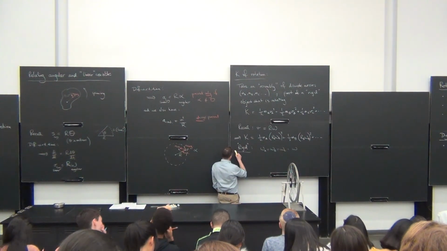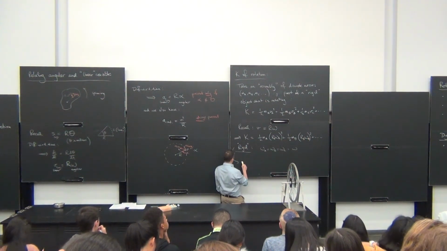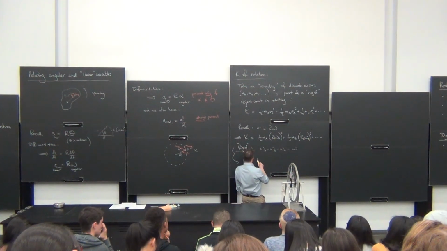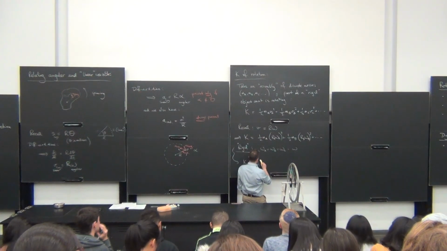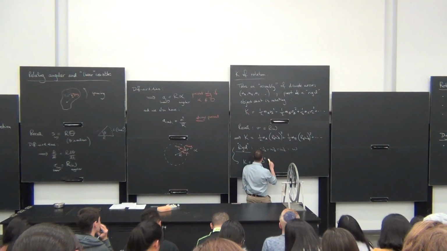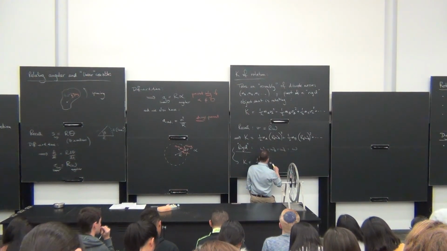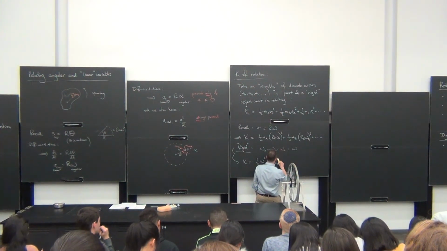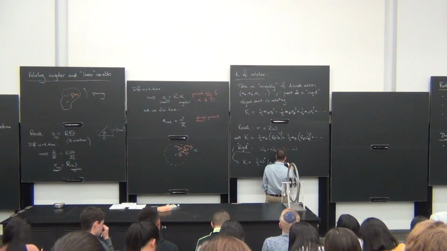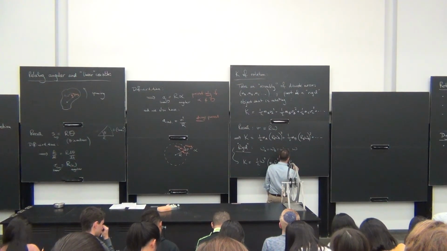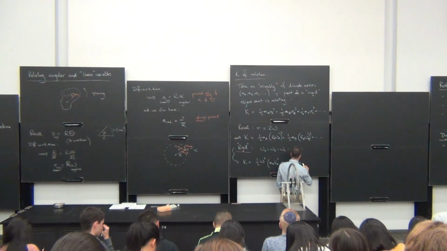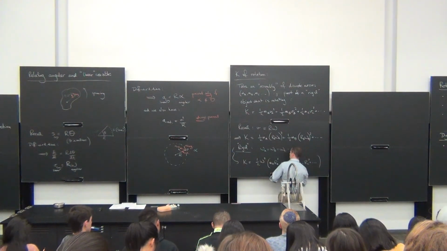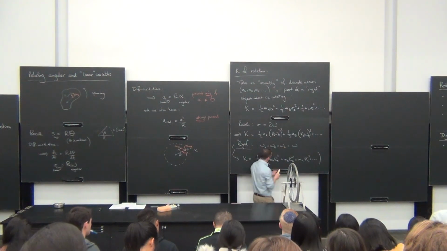So if that's true, I can write this as K equals 1/2 omega squared, and then what am I left with? m_A r_A squared plus m_B r_B squared plus m_C r_C squared, plus so on and so forth.